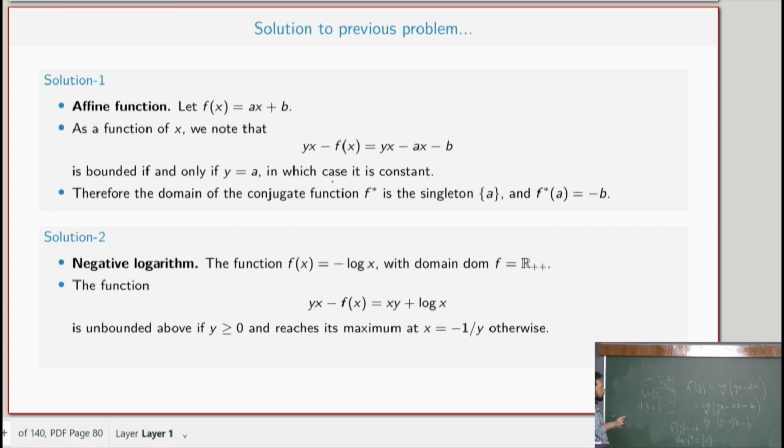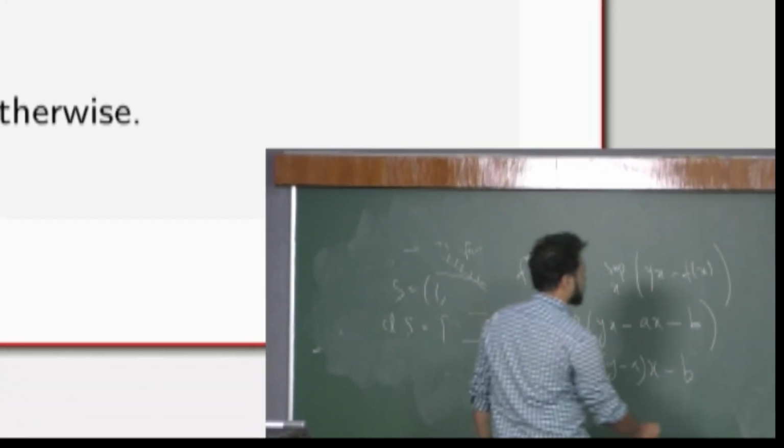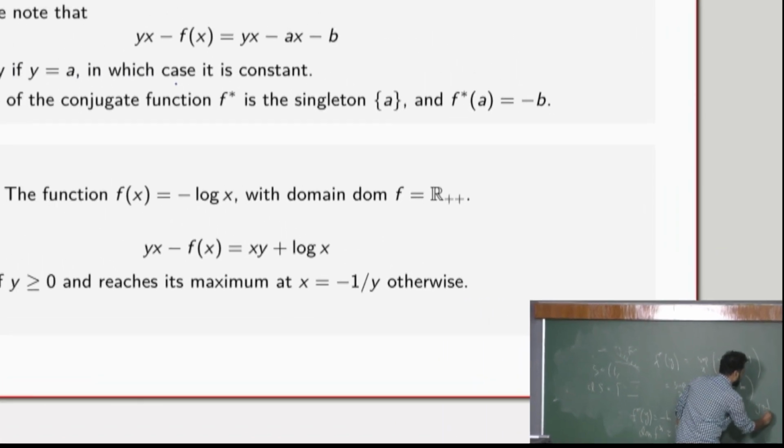Then for the other cases you may take a derivative of this and equate to 0 and see where the supremum will be achieved. So you take the derivative with respect to x, obviously, because we are trying to find the maximum with respect to x. So then you have y plus 1 over x equals 0.